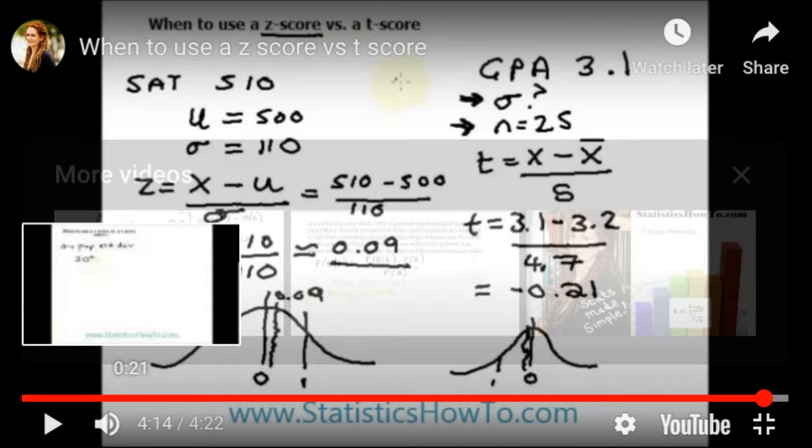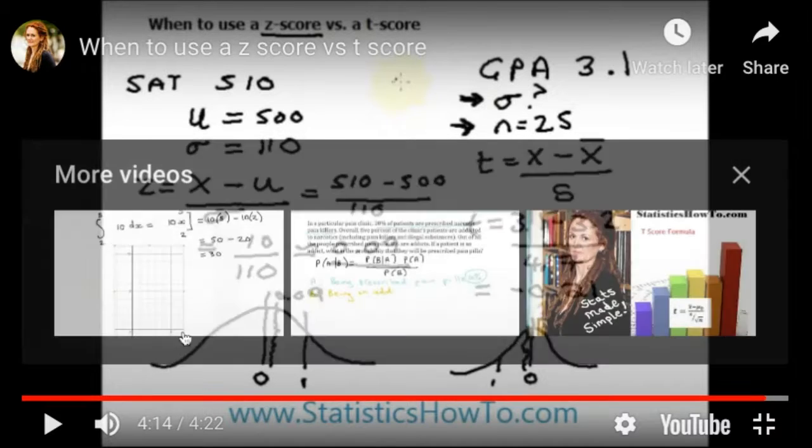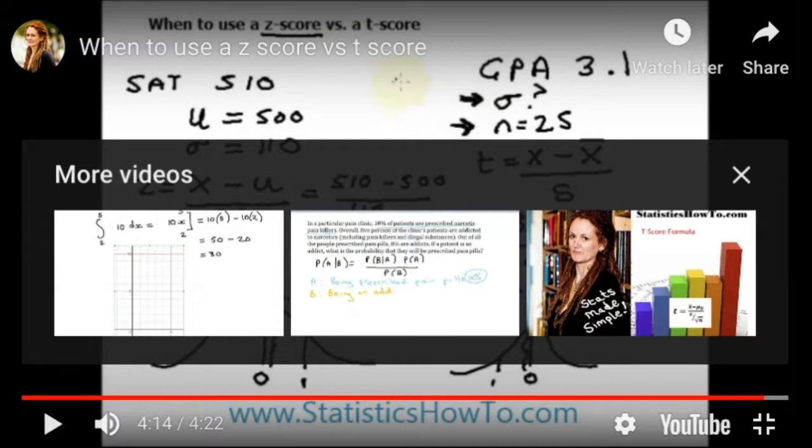Are you clear about that? Okay, so I just want everybody clear. The GPA in this particular case, using the t distribution, is pretty average. Nothing special about it.